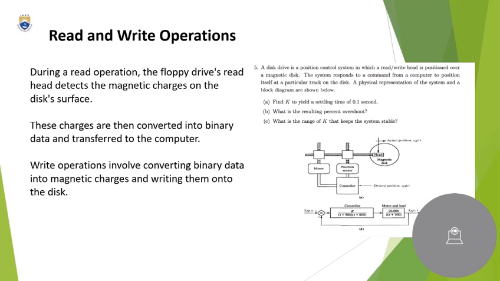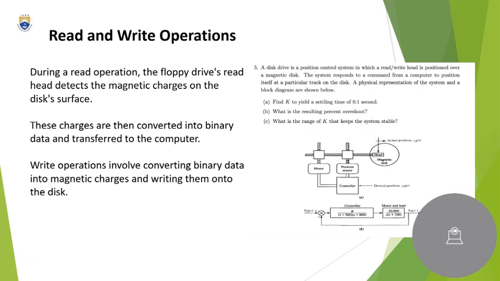We have a question also. A disk drive is a position control system in which a read or write head is positioned over a magnetic disk. The system responds to a command from a computer to position itself at a particular track on the disk. A physical representation of the system and a block diagram are shown below.